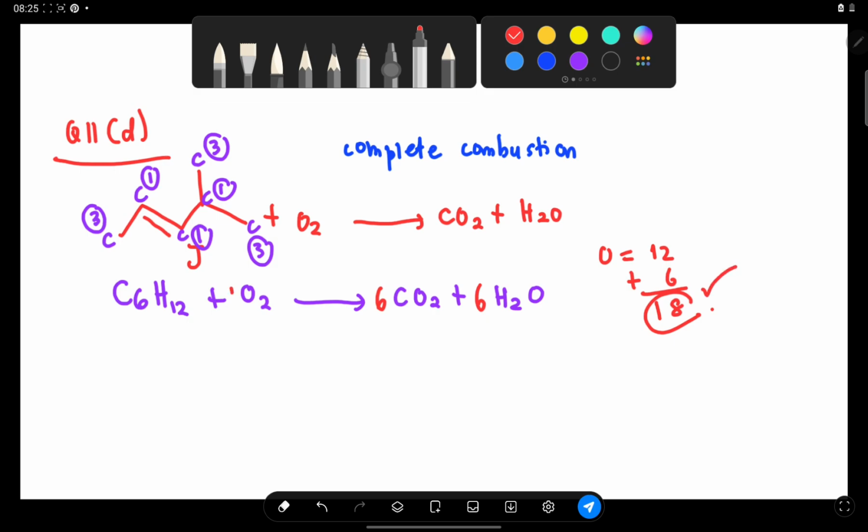So here you can put 9. So this is the answer for 11D.